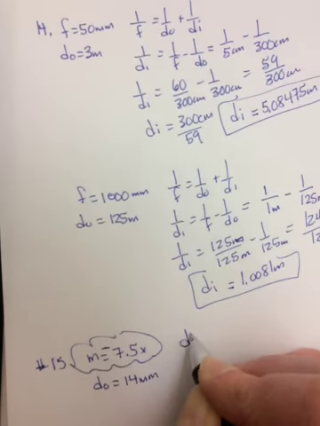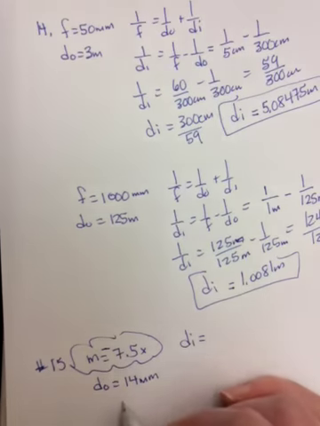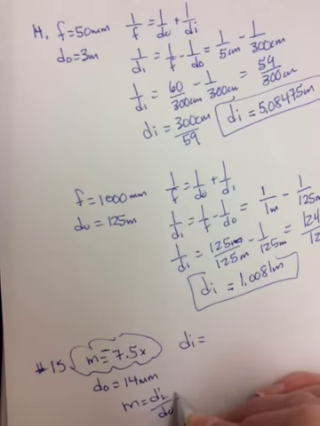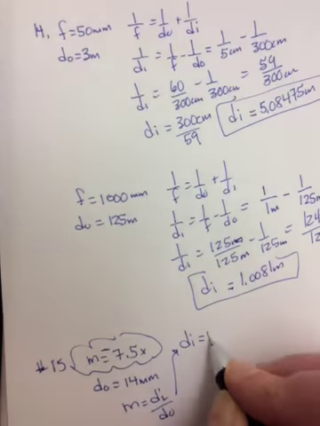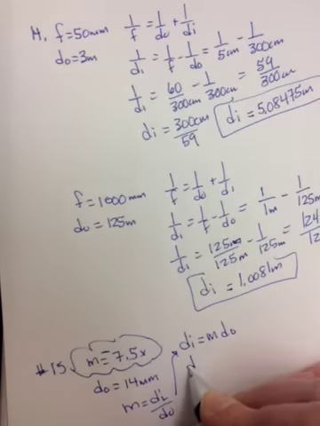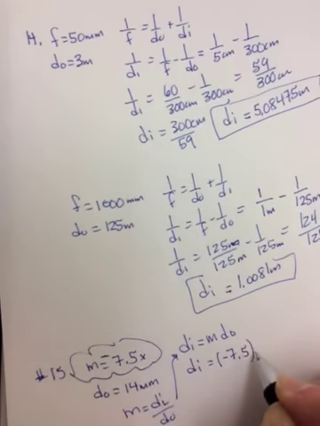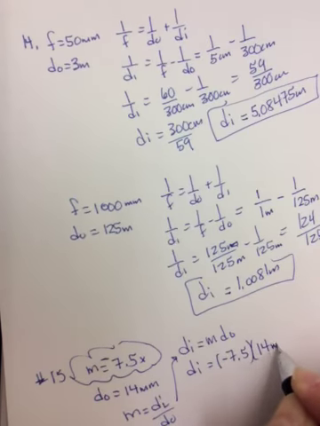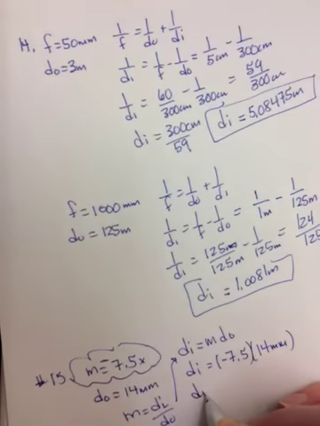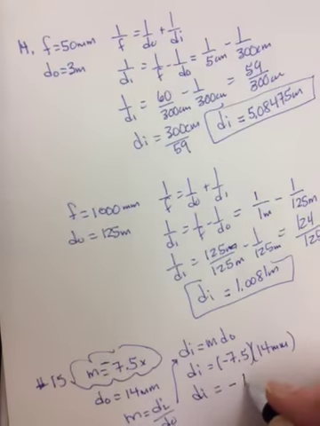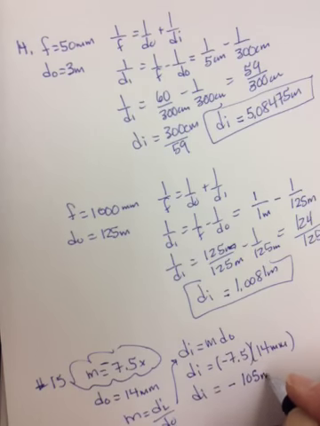So we can find our DI because we know magnification is equal to DI over DO. So DI is equal to magnification times DO. So DI will be equal to negative 7.5 times 14, so DI will be equal to negative 105 millimeters.